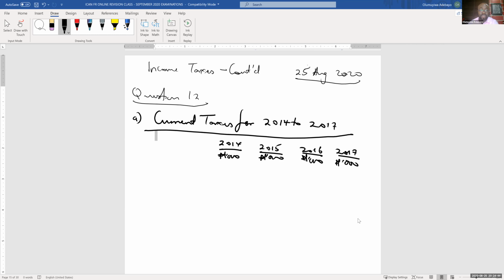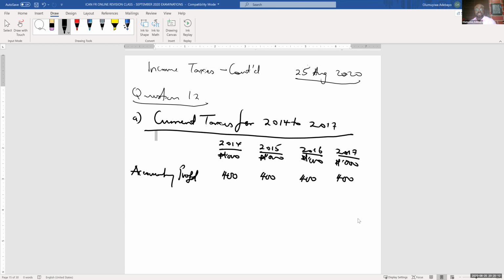Now, in determining the current tax, we start with accounting profits. What's the accounting profit for year 1? 400. Year 2, we are also told is 400. Year 3, 400, and year 4 is 400.